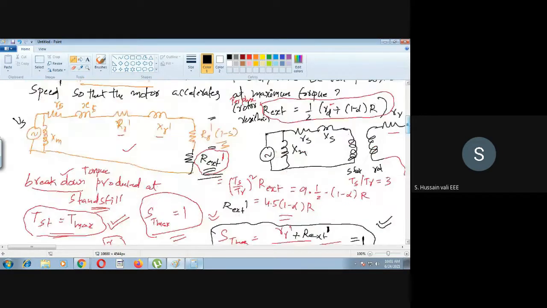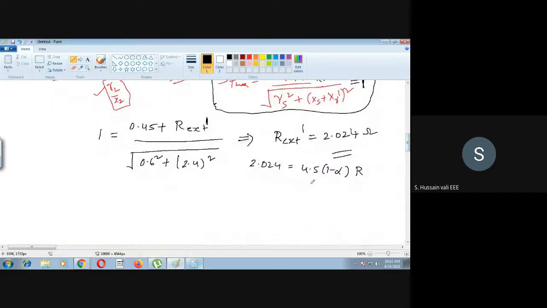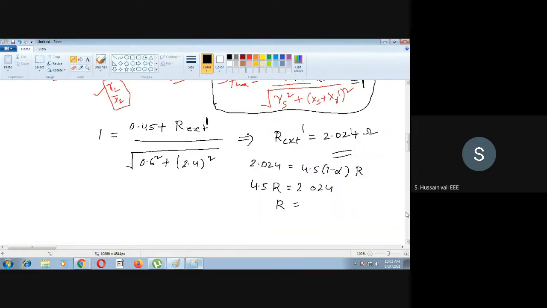Somewhere he has given the value of alpha. Yeah, duty ratio of 0. So alpha value is 0, in the sense, 4.5 into R is equal to 2.024. Then what is R value here? You will get 2.024 divided by 4.5. So 0.449 as the answer. So R value is 0.449.